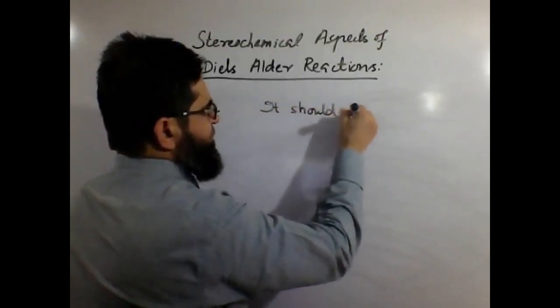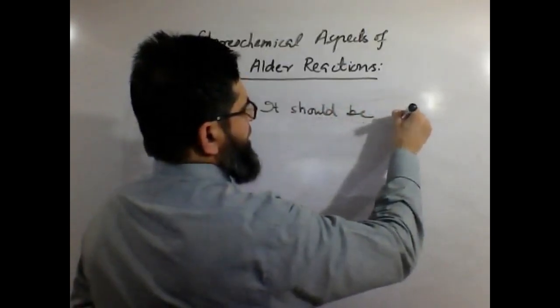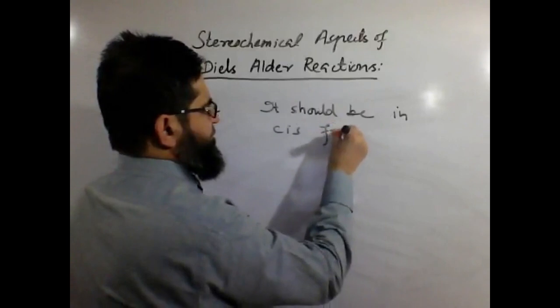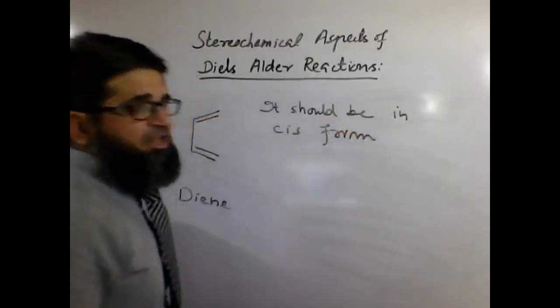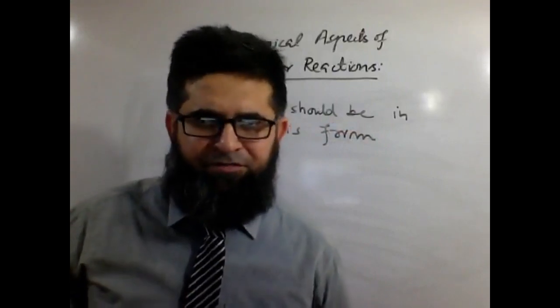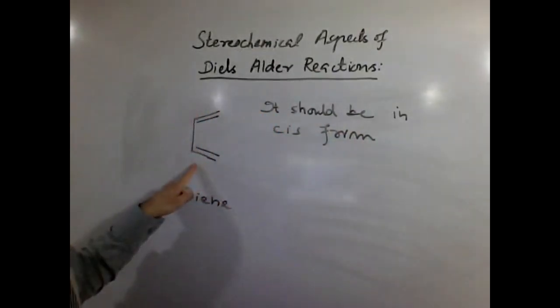It should be in cis form. It is a prerequisite, a fundamental requirement for the Diels-Alder reaction. The diene should be in cis form.